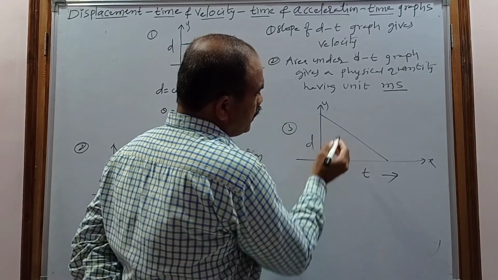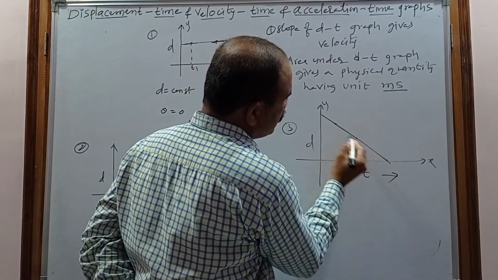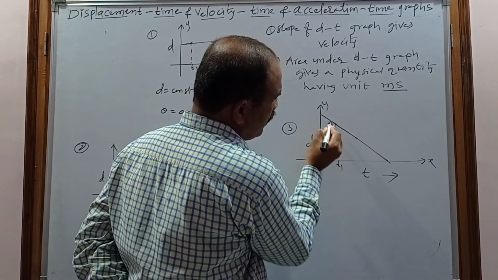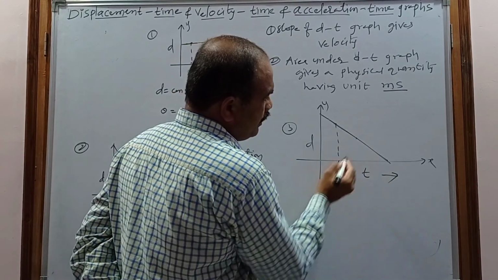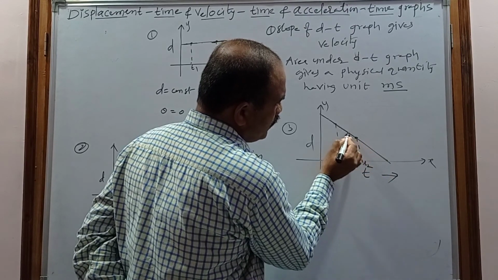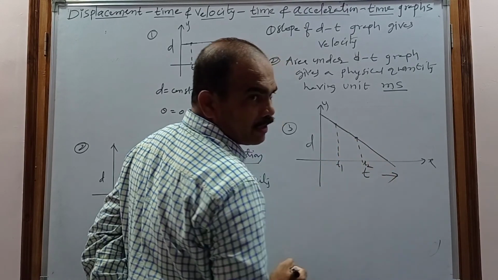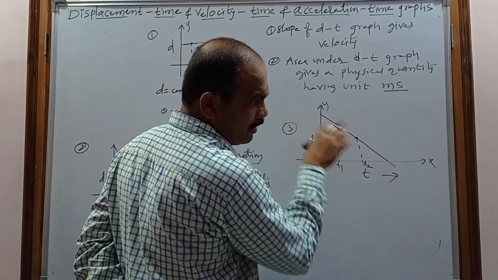To check that, take two points on the line and draw the tangents. This is a tangent drawn at t1 time. It coincides with the line, and this is the point at t2 time. If you draw the tangent, it is also in the direction of the line, so the tangents at different times are all along the same line.